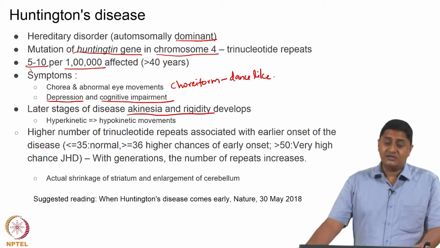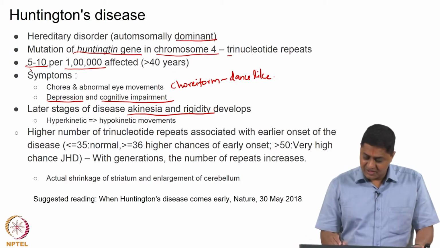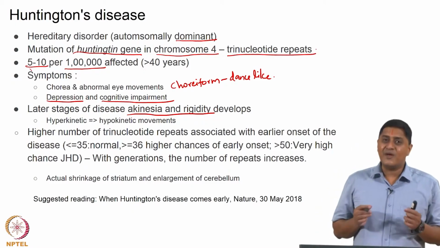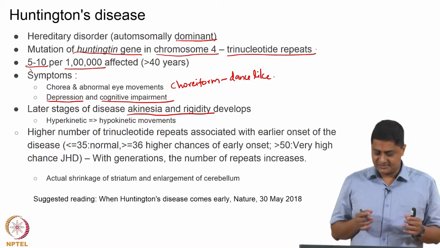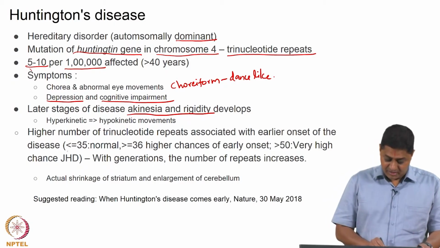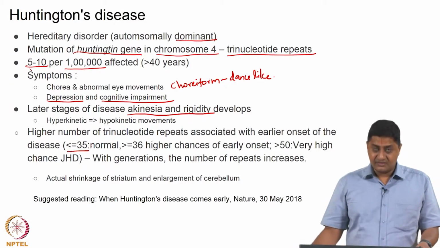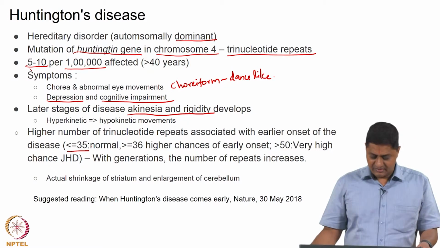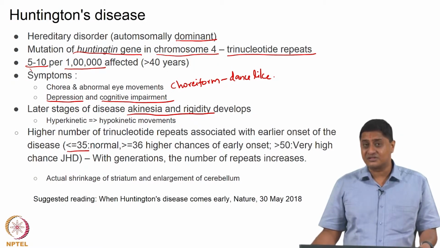And it turns out that the number of this trinucleotide repeat determines when the person is going to get the disease. If this number is below 35, this is relatively normal, and if it is greater than or equal to 36, there is a higher chance of early onset.